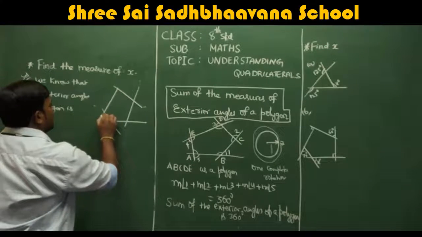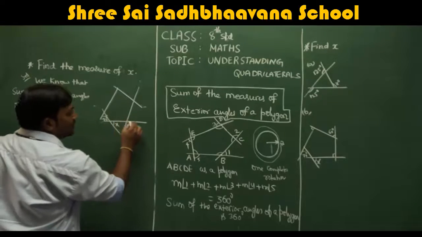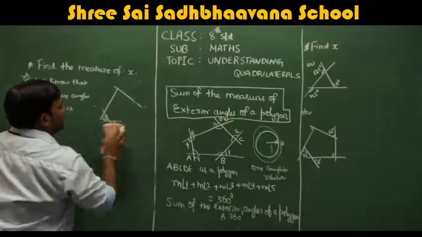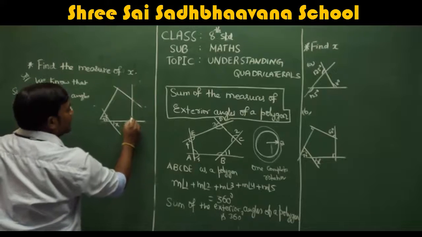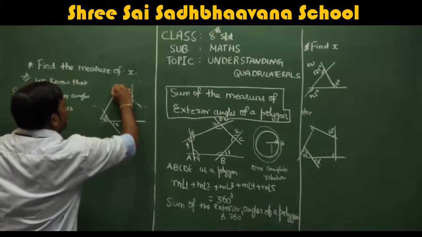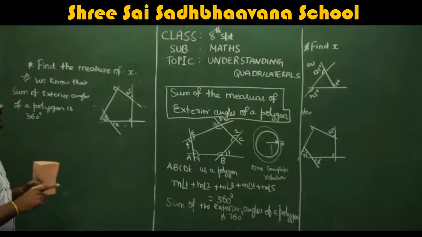This is 70 degree, this is x, and this is a right angle. And this is 60. Again, this is a right angle. See, here we have two right angles. Notice the difference: in the last sum we got one right angle, and in this sum we are getting two right angles.